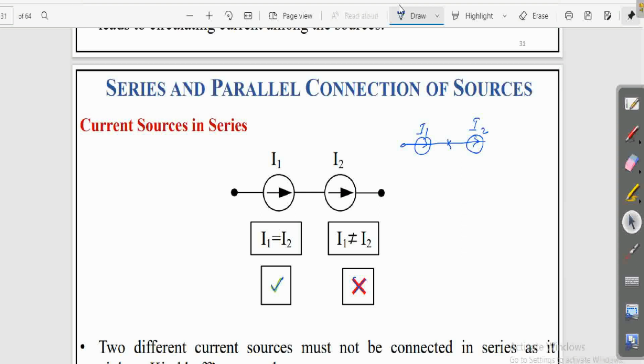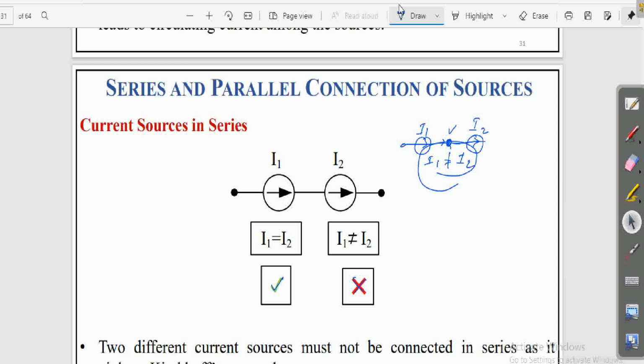According to KCL, the entering current should equal the leaving current. If I consider this as one point, here I1 is the current entering, and the same current should leave. Then only it obeys KCL. If I1 is not equal to I2 in series, then it is violating KCL.